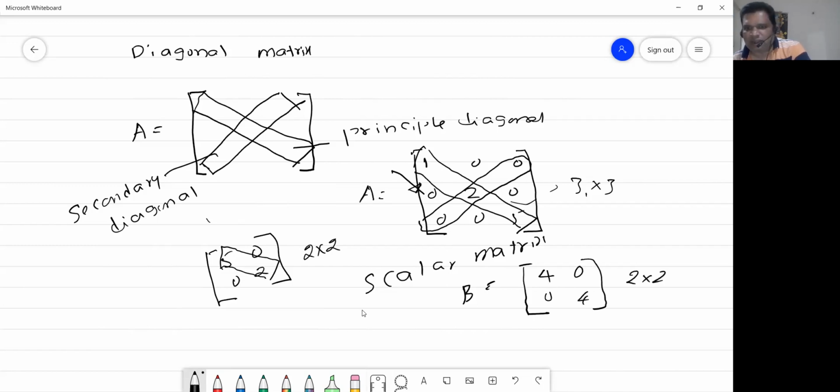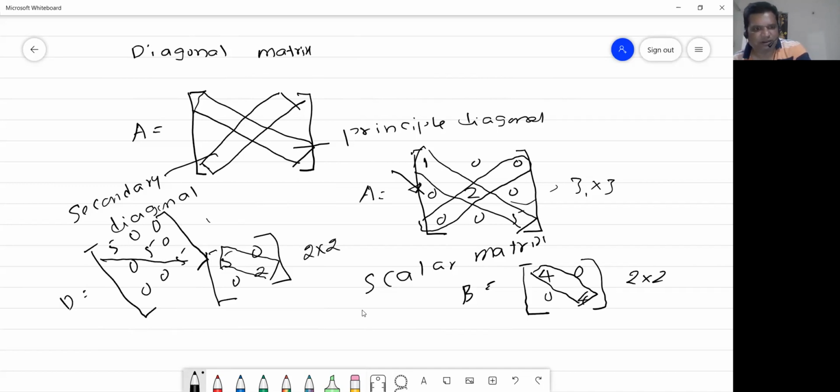So you see, in the scalar matrix, the elements on the principal diagonal are equal. I'll write a 3 by 3 matrix. I'll take a D matrix: 5, 0, 0, 0, 5, 0, 0, 0, 5. The principal diagonal elements are all equal and their values are 5.